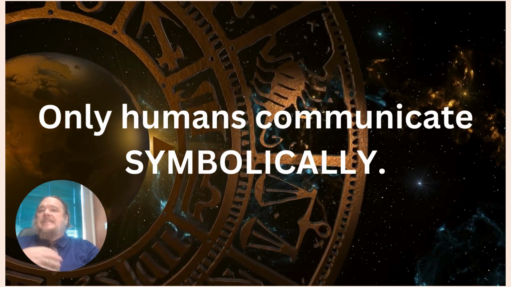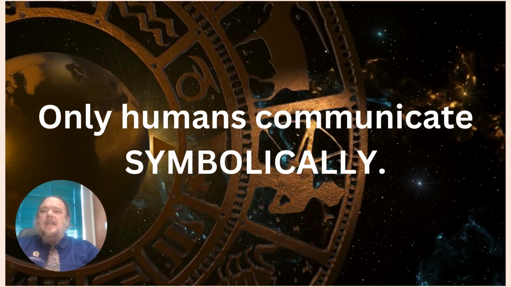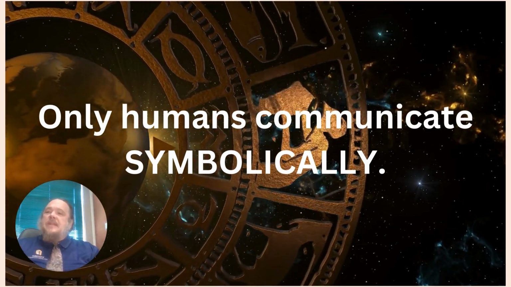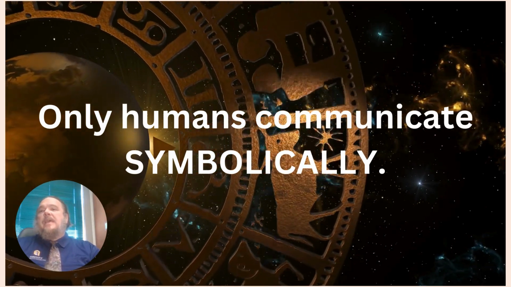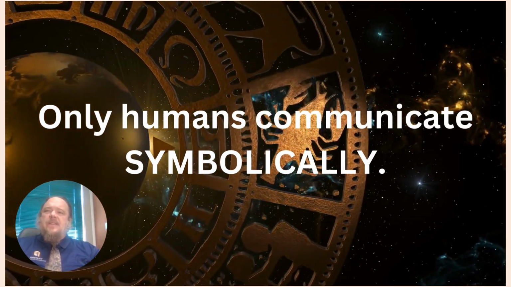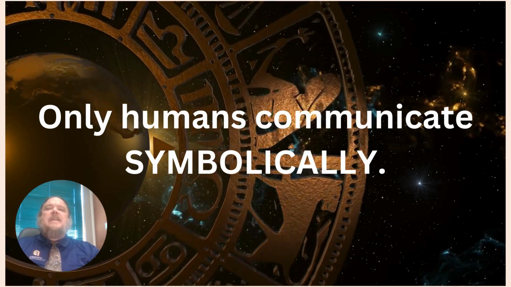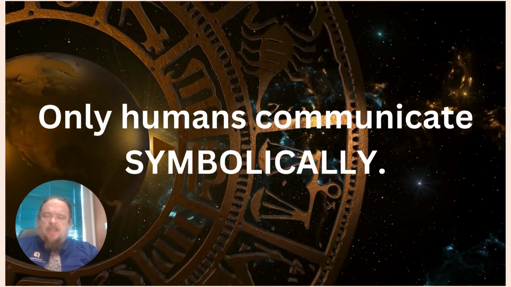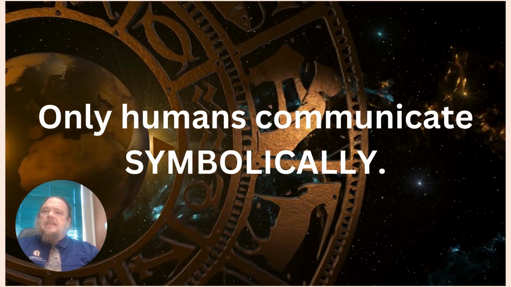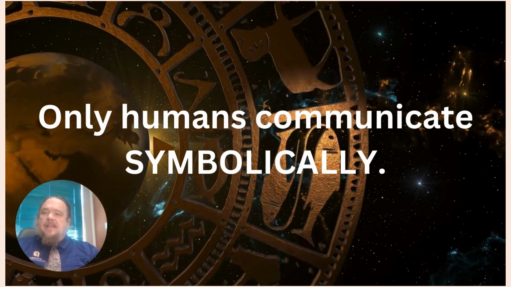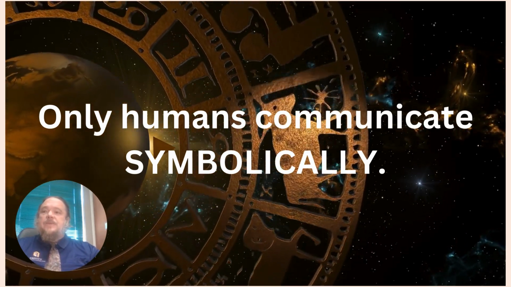So I can say words and we can talk about building a doghouse, right? And we can talk about where we'll get the wood and where we'll get the nails and where we'll get all these things. And by the time we're done having our conversation, we can have a pretty good idea of how we're going to build this doghouse, right? Because when I say the word nails, it stands in for actual nails.